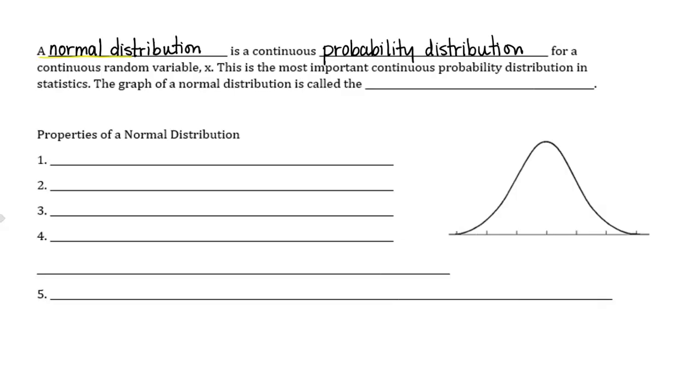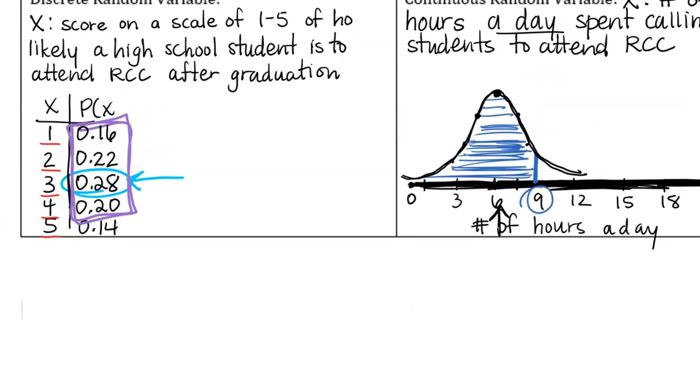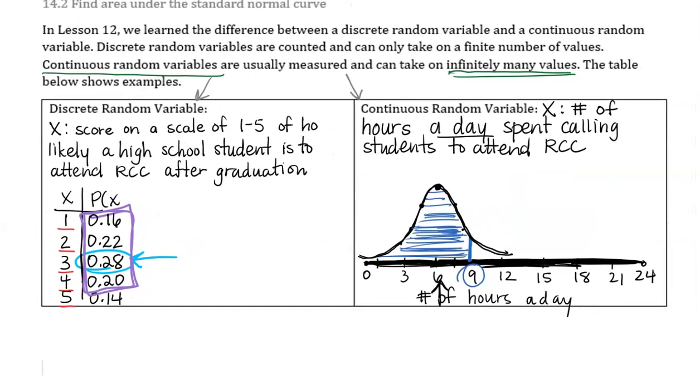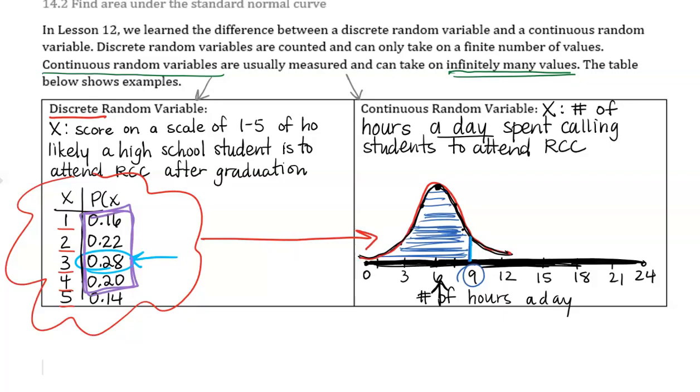Now, just that first sentence alone can sound like a lot, but don't be overwhelmed. That is exactly what we just talked about here: this curve that I'm now outlining in red is what we're going to be talking about in this lesson. It is the equivalent of this probability distribution, which was for a discrete random variable. Now we're doing it for a continuous random variable. And we talked about the difference between those things.